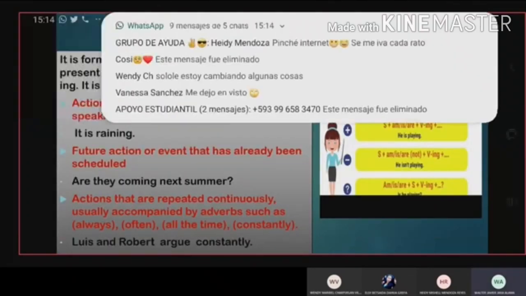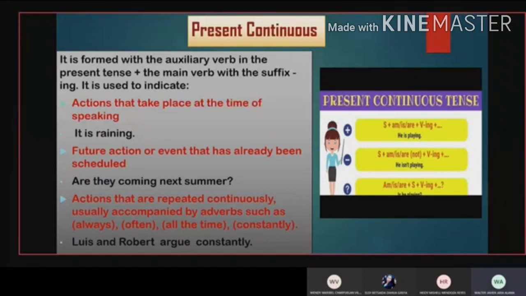Present continuous. It is formed with the auxiliary verb in the present tense plus the main verb with the suffix ing. It is used to indicate actions that take place at the time of speaking. For example, it is raining. Future actions or events that have already been scheduled, for example, are they coming next summer?